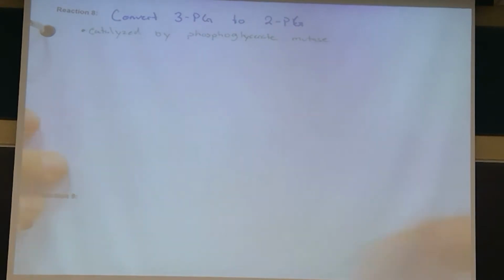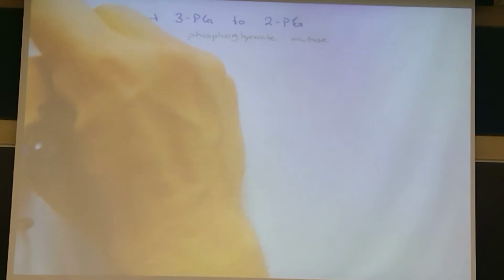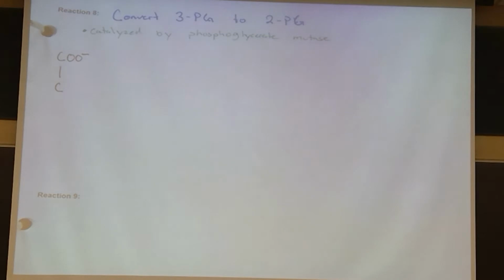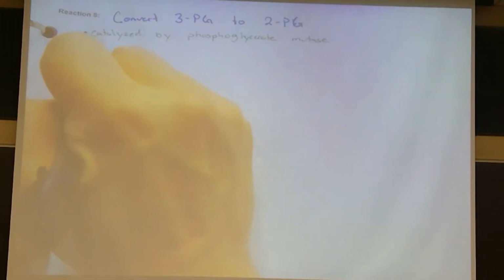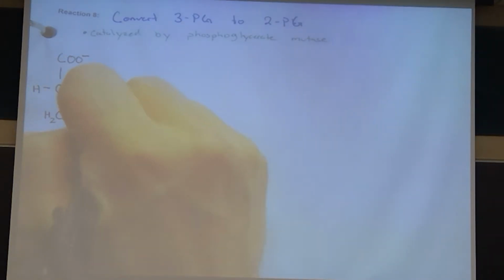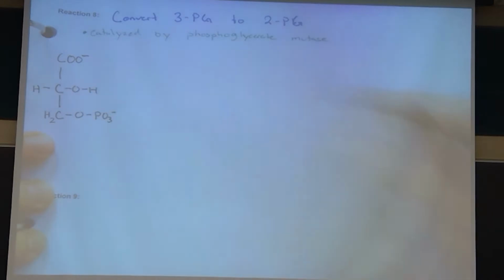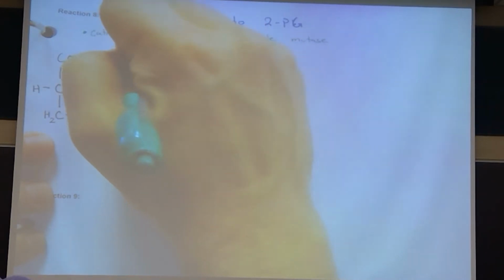Phosphoglycerate mutase is kind of unique because it requires an active site on our enzyme that has been phosphorylated. A phosphorylated enzyme requires a basic amino acid like histidine.